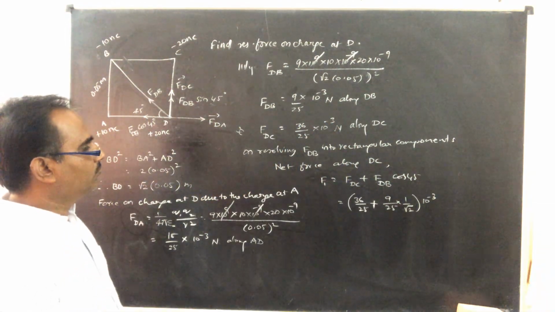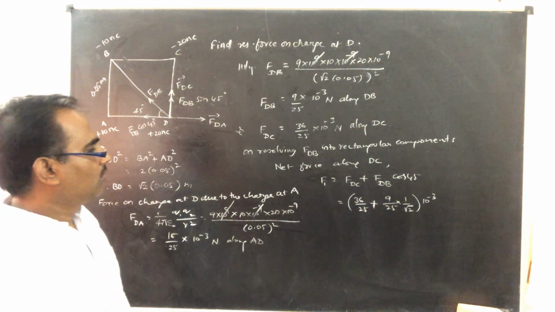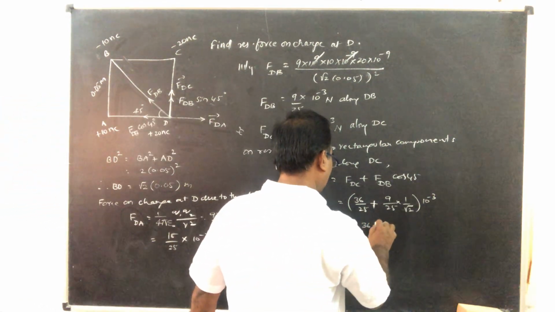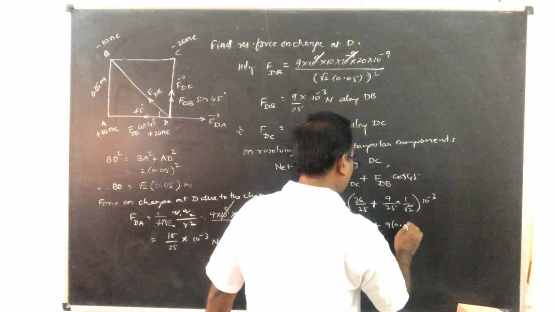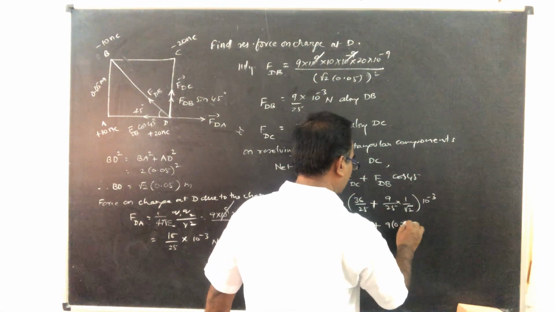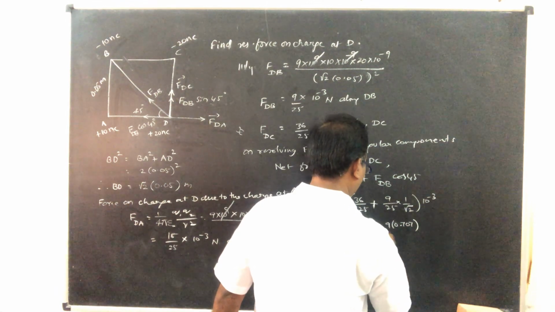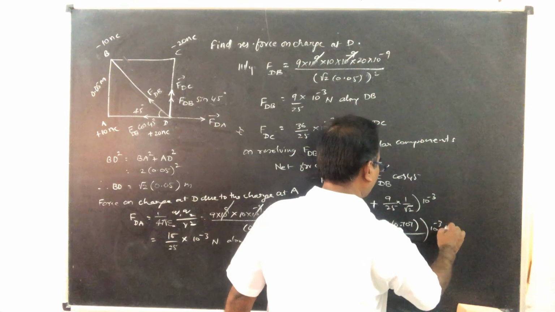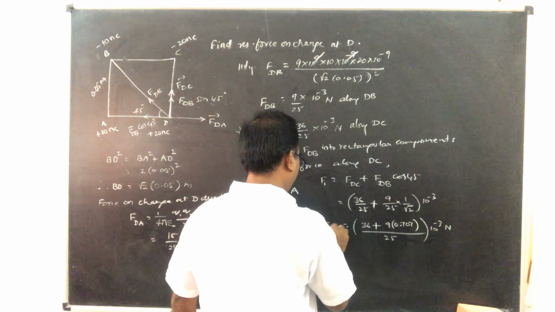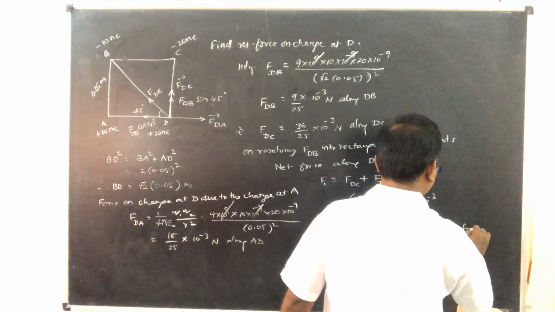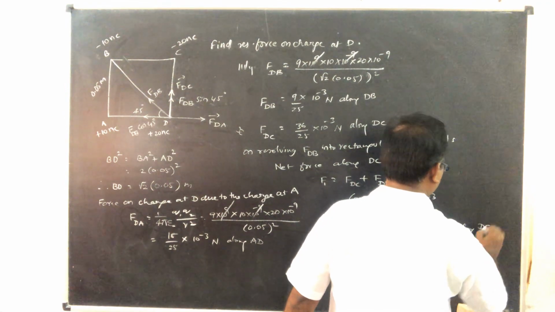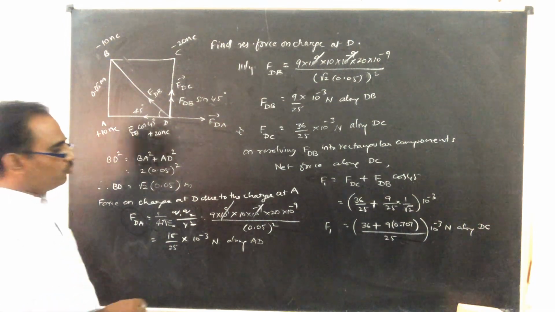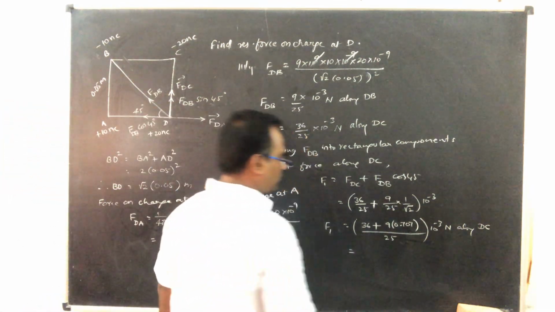You find this value. So this is 36 plus 1 by root 2, which can be written as 0.707. So this is F1 along DC. You do this calculation here, you find this value.